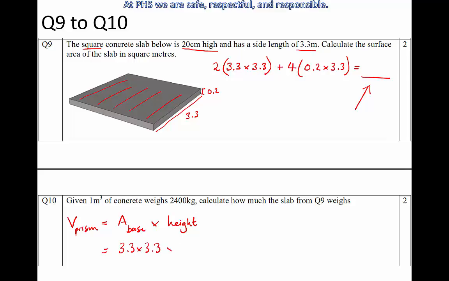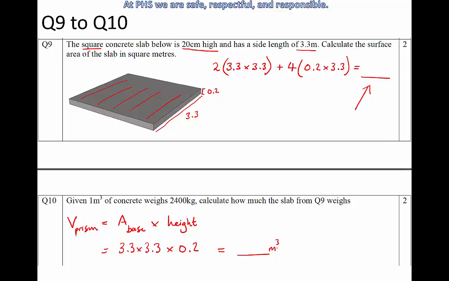And then we've got to multiply that by its height. And we're not going to multiply it by 20 because then you're using different units. So it's not 20, it would be 0.2. And that way these are all in meters and we're not going to have any issues. So that'll give you its volume in cubic meters.